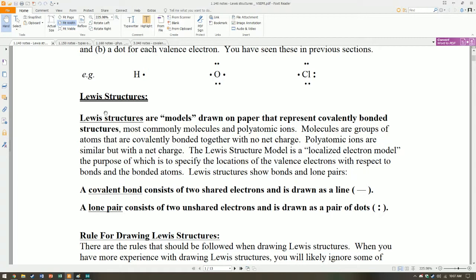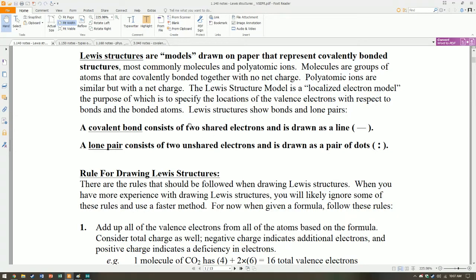More or less is what it's saying. There's some formalism there, which involves quantum mechanics, which I won't get into because that's well beyond the scope of any high school syllabus. Polyatomic ions are similar, but they have a net charge as opposed to just a typical molecule.